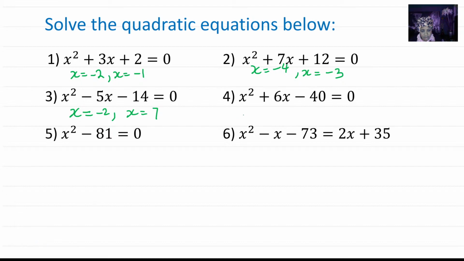Okay, for question 4, we have x equals -10. Have you done it? Okay.